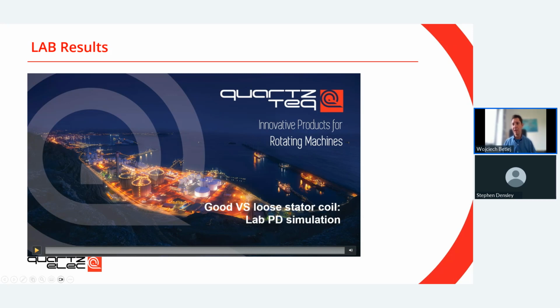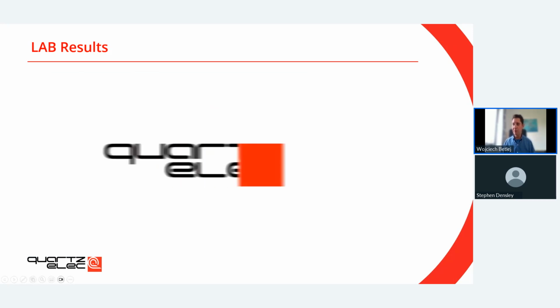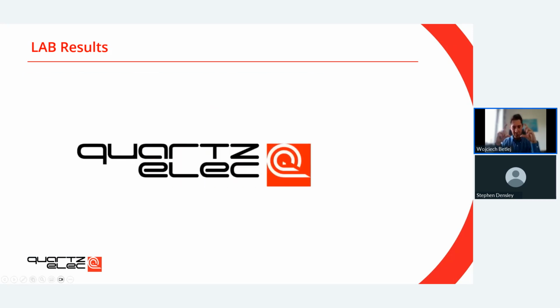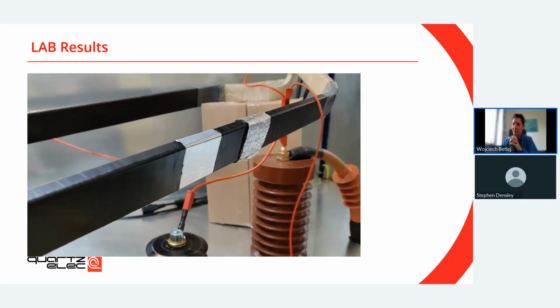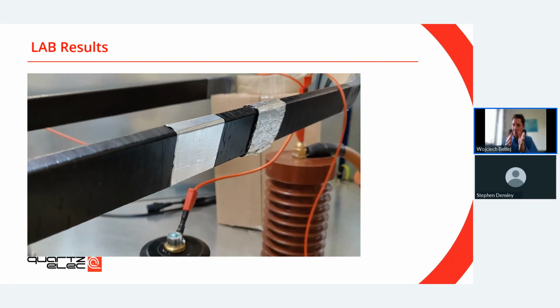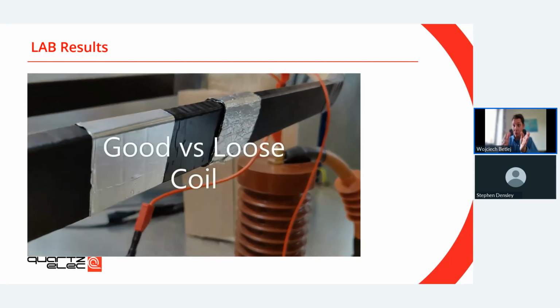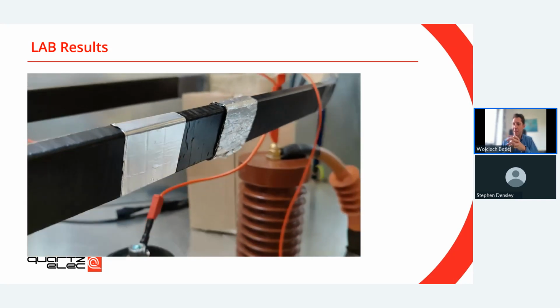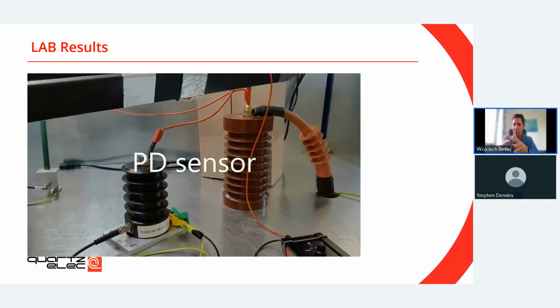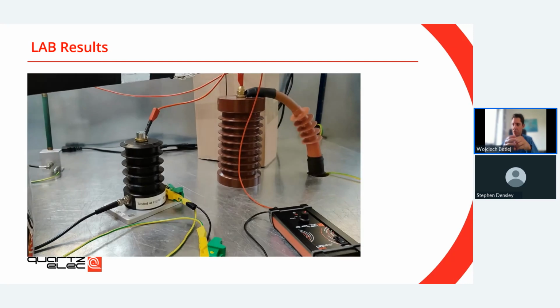Amazing how quickly in the lab you can represent slot PD. This is what I recorded with my phone while we were there. So that's the setup. You have that stator core, and you have two types of coil, good and loose. This is the simulation. Everything is connected to partial discharge sensors.